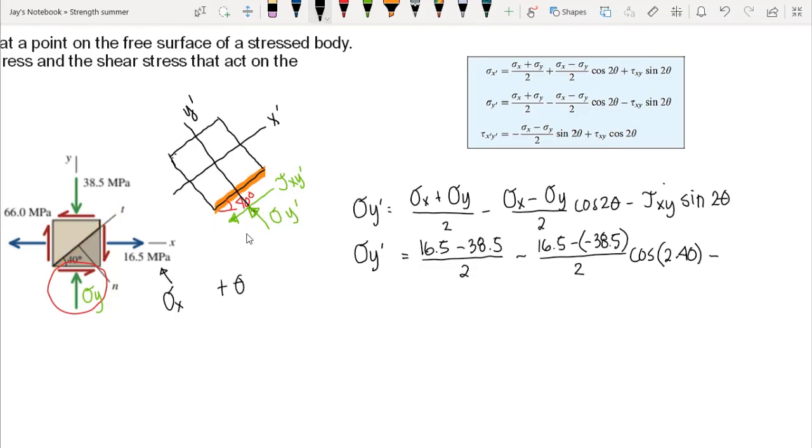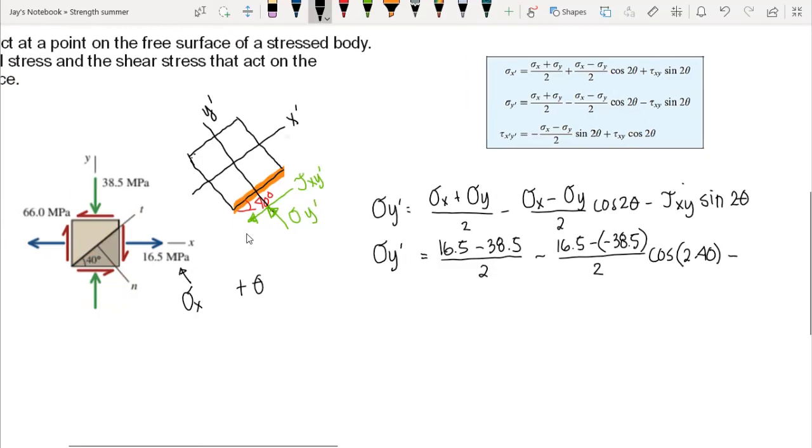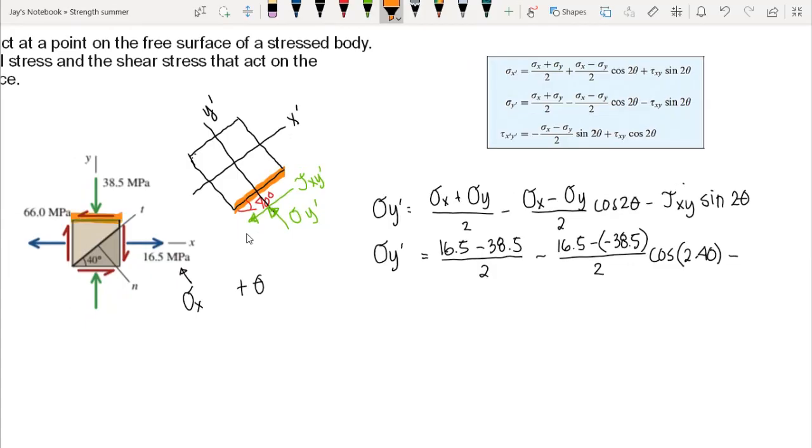Now, looking at the positive face of our stress element, our shear stress here is acting to the negative x-axis, and our shear stress here is acting to the negative y-axis, so therefore we have negative shear stress.